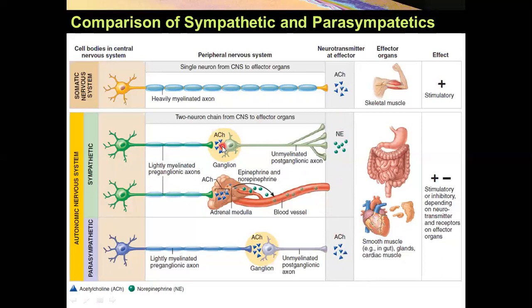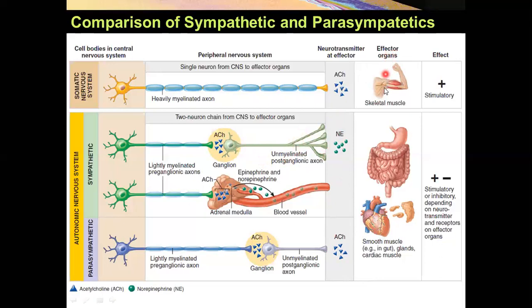But the post-ganglionic sympathetics, in most cases, release norepinephrine. There is an exception to this one. We're going to talk about it as well.